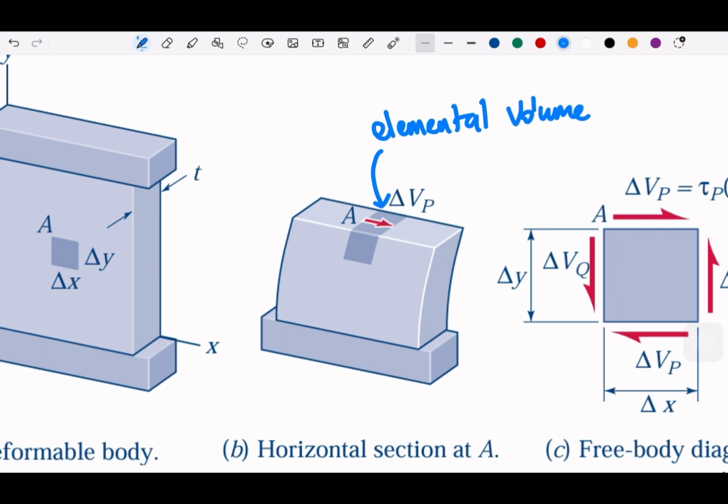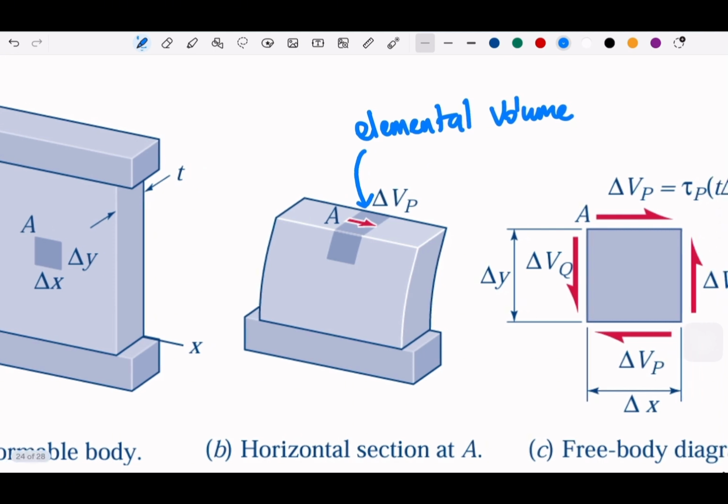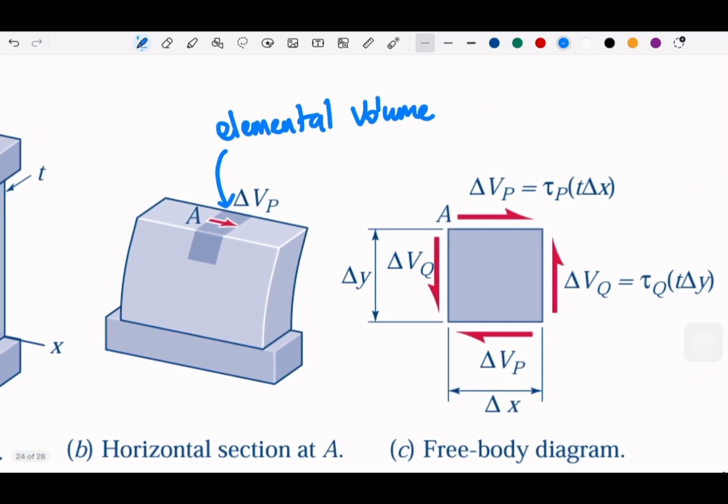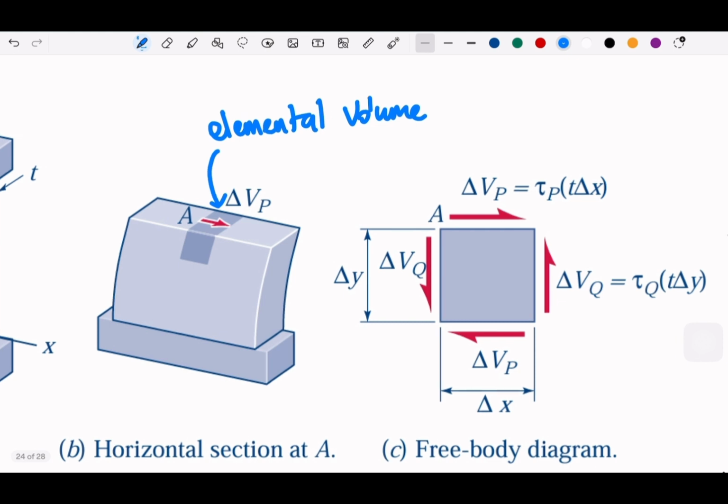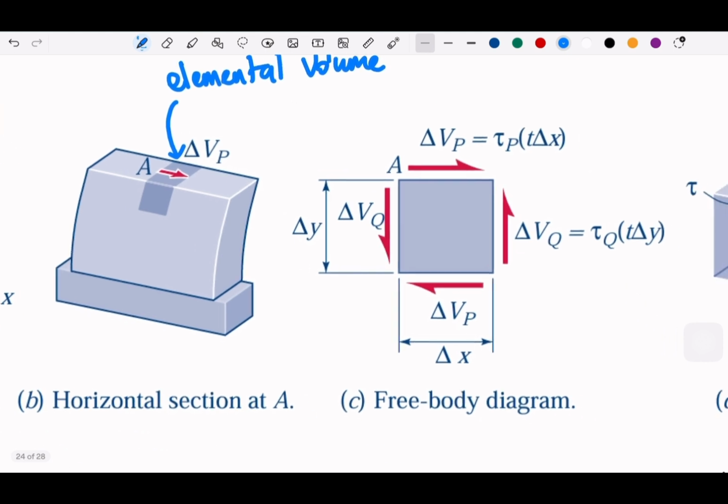So if we want to examine this elemental volume, if we could zoom in on what is happening there, we are going to have this. So imagine that, first we see these forces. Okay. Oh, we have this.